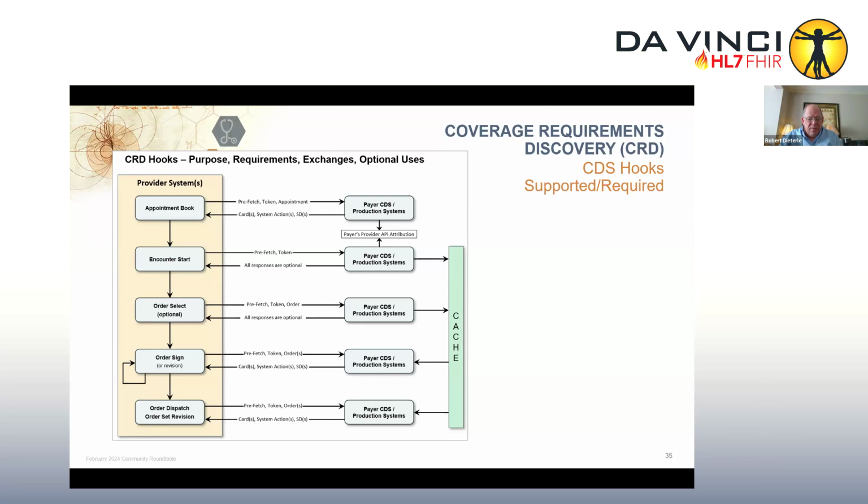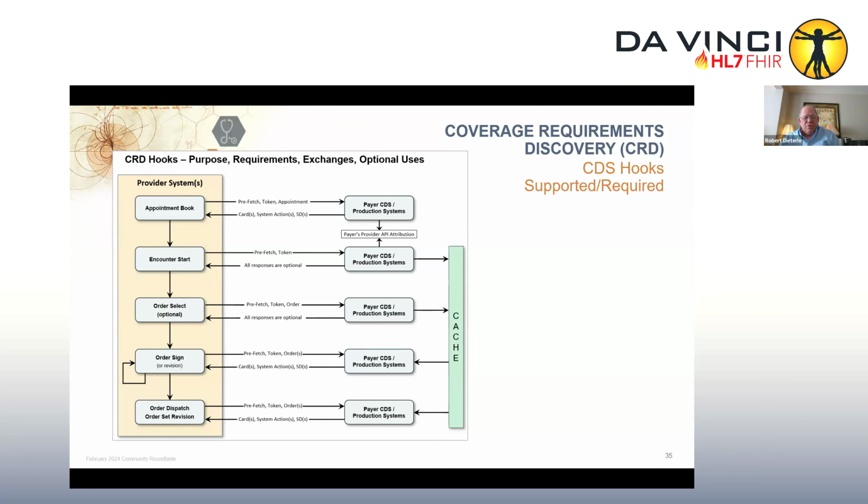They can make sure that member is on a particular plan. They can pull forward the plan requirements. They can pull forward the prior authorization requirements. If they wish, they can go back and get experiential information for that particular patient based on prior claims or other information they have. They can stage all that. We're calling it caching, but they can stage all that.